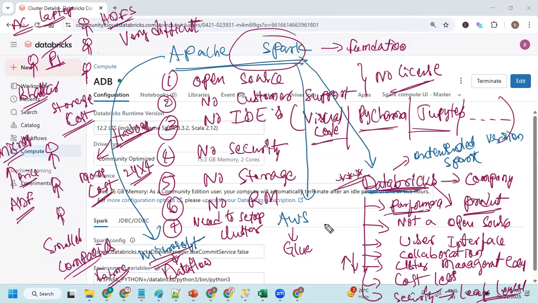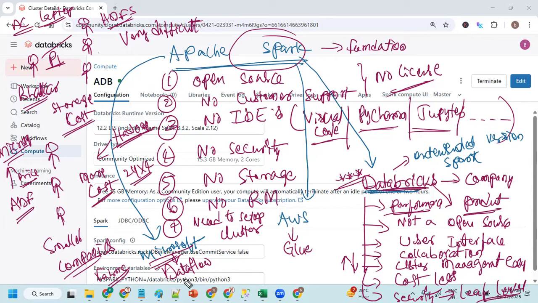Once Unity Catalog was introduced, we can provide security at the leaf level also. Any question? Why do we need to go to Databricks? When you're working with Databricks, you're working with Spark only. On top of Apache Spark, the extended version of Apache Spark is Databricks.